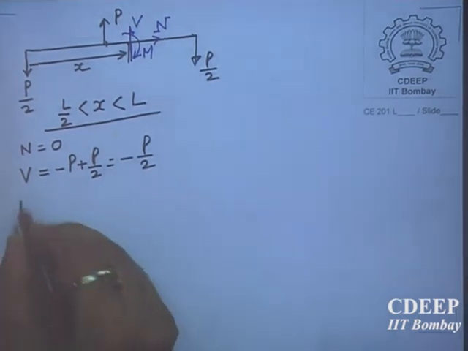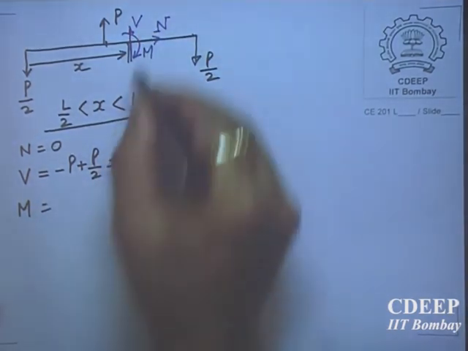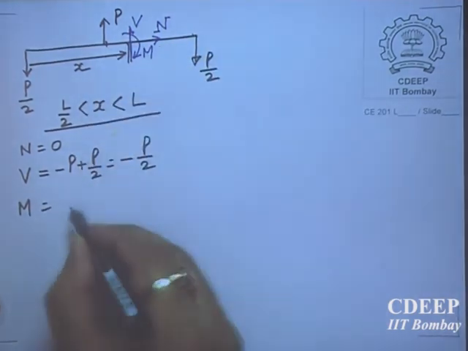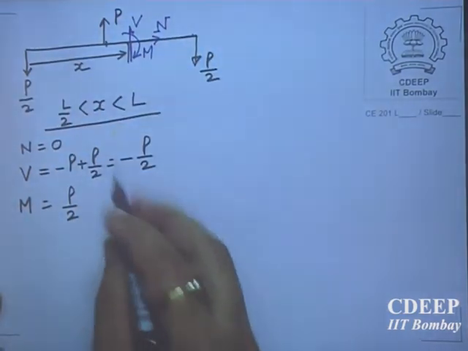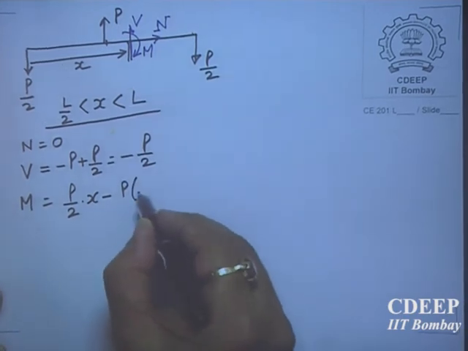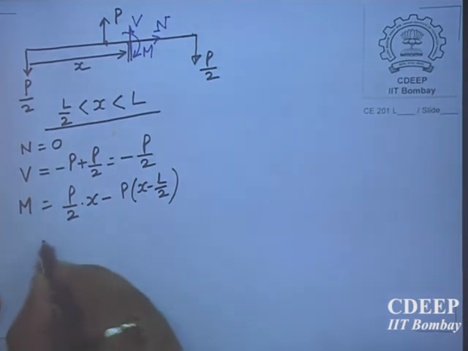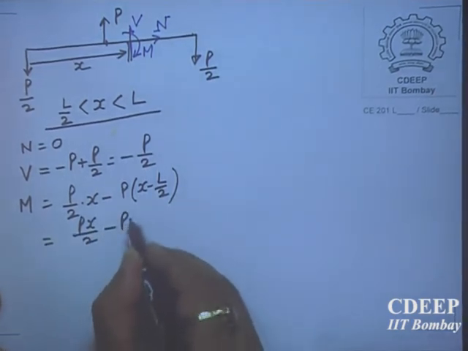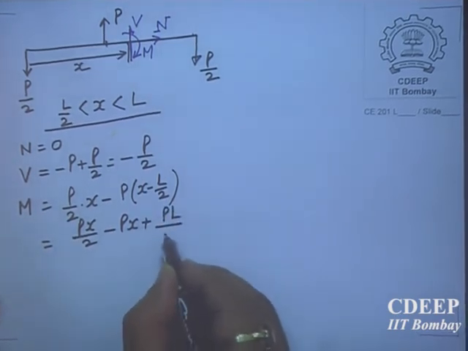So then M is how much? M at this point. Please tell me quickly. P by 2 into x, minus P into x minus L by 2. Is it okay? That is how much? Px by 2 minus Px plus PL by 2.